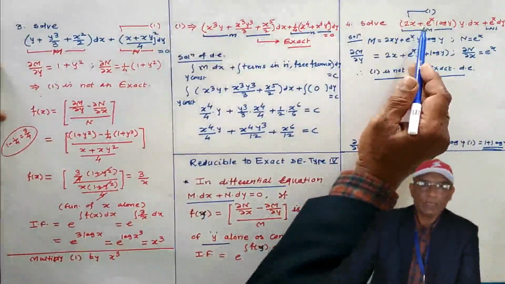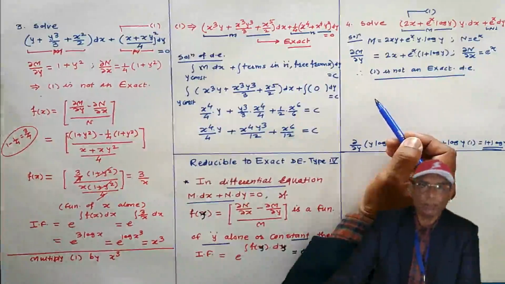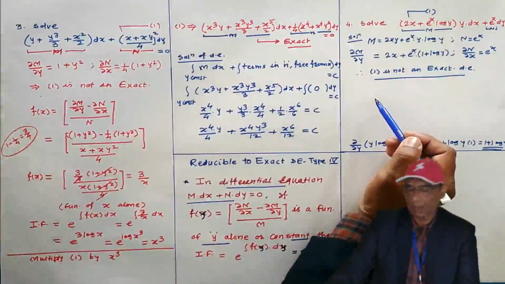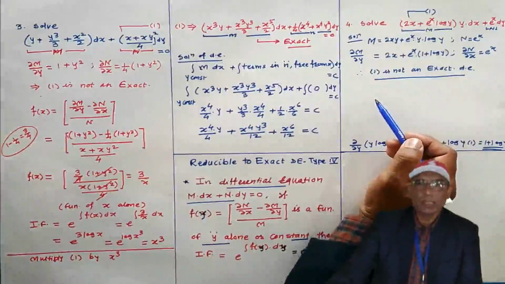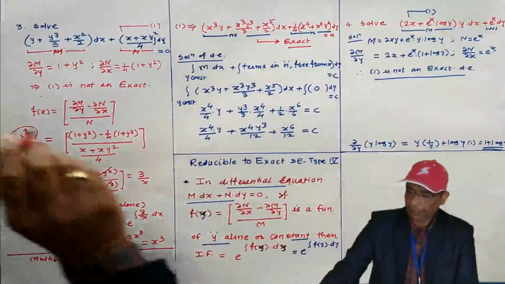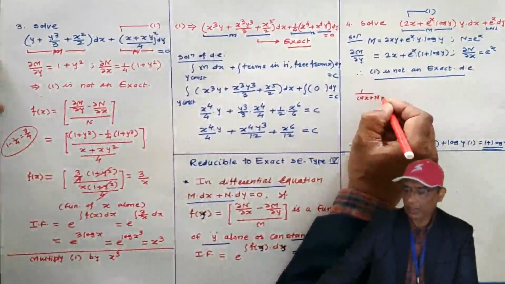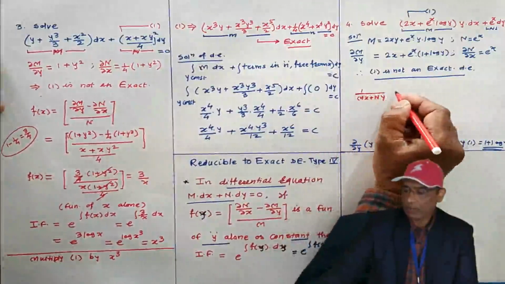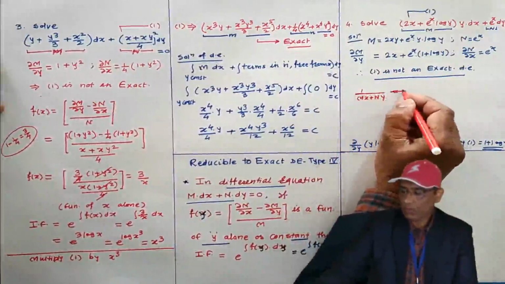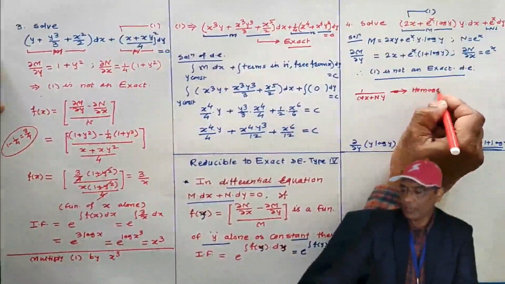For converting it into an exact differential equation, integrating factors are available. Now, what is the first integrating factor? 1 by mx plus ny. Can you use this integrating factor? This integrating factor is for a homogeneous differential equation. Is it a homogeneous differential equation?